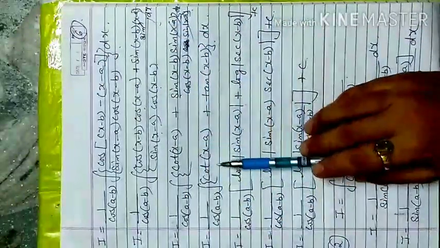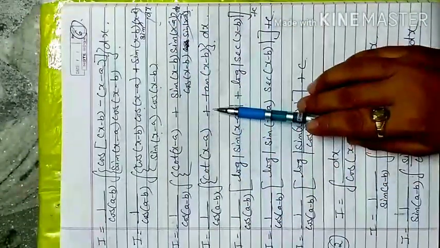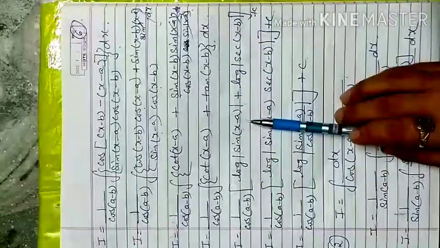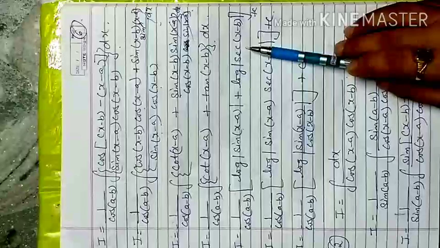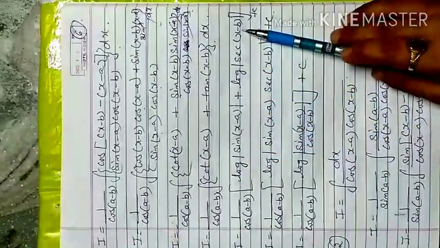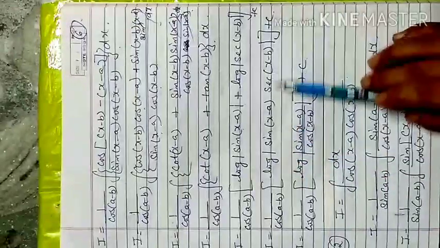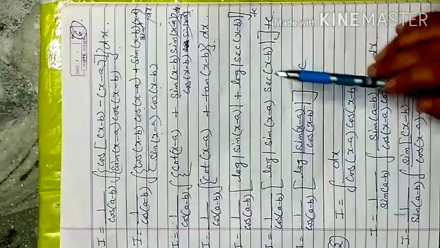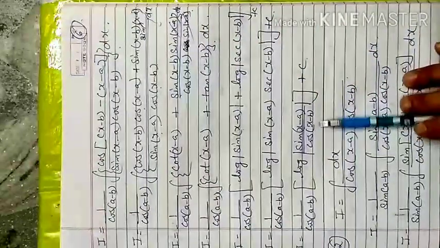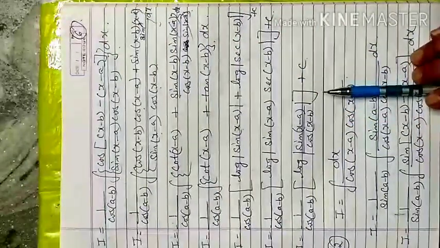Separate the denominator, we get cot x minus a plus tan x minus b. Integration of cot is log sin x minus a, and tan is log secant x minus b. Now log m plus log n is equal to log m into n, your logarithm rule. Now in m into n, the secant goes in the denominator and becomes cos x minus b. So that is the required answer.